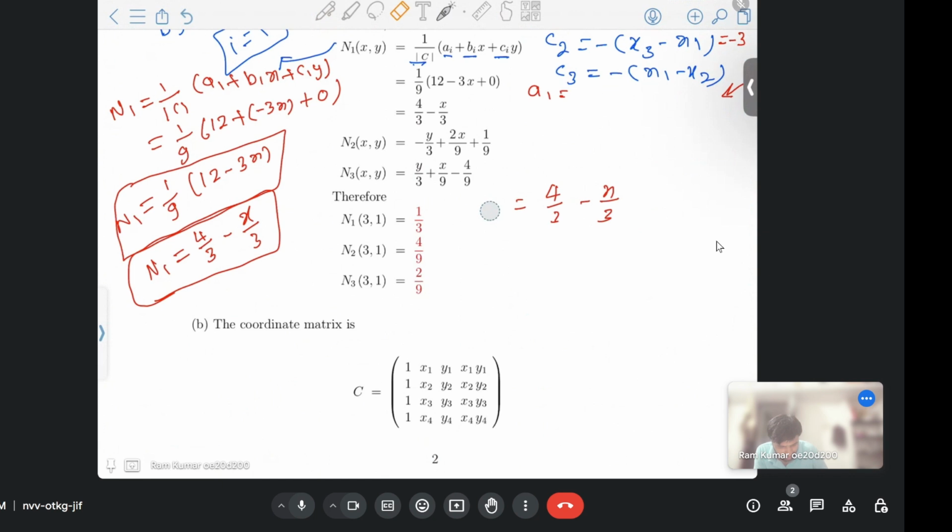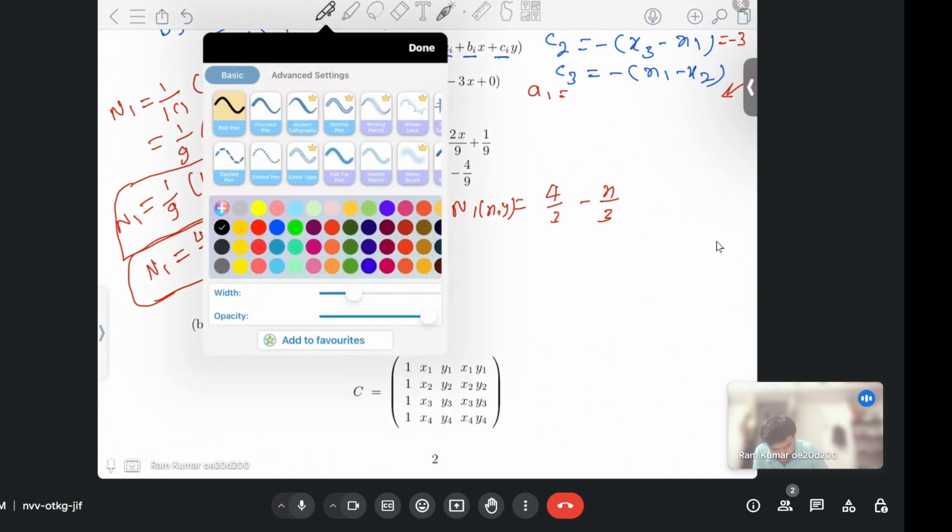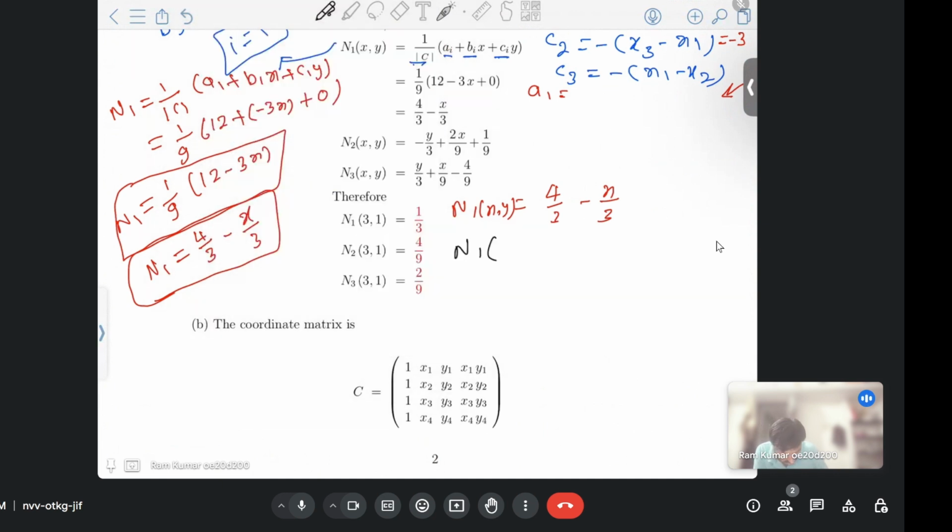So this is n1 function of x, and I want to find n1 at 3 comma 1. So I'm going to put here value 4 by 3, x we are having 3, 3 by 3. What will we get? 4 by 3 minus 1. It means that it will be 1 by 3.